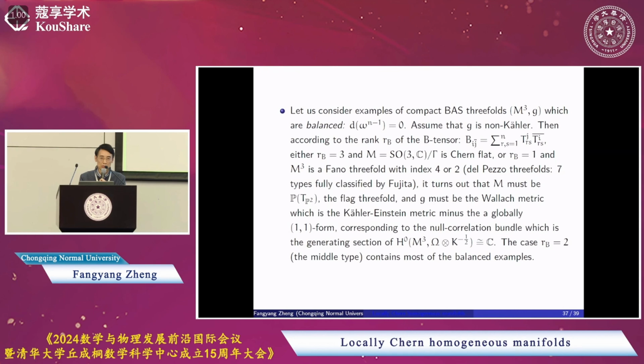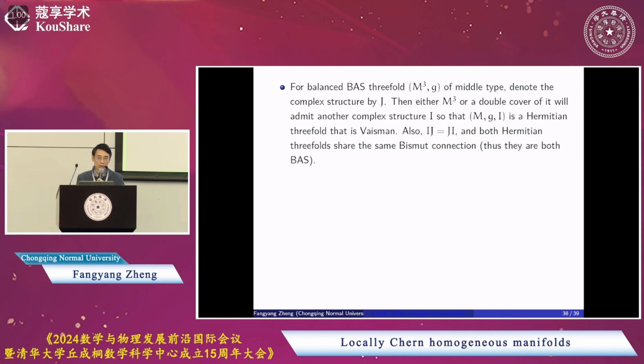Most of these balanced BAS threefolds are so-called middle type, namely the B rank is 2. In this case, they correspond to the so-called Bismuth abelian type of Westman threefolds. We have a classification theorem, which is kind of interesting.